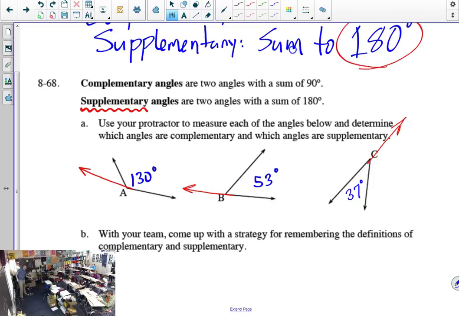Nathan, what can add with 130 to make 180? How big should this angle be? 50, yeah, 50 degrees. This one's a bit harder. Grant, what do we need to add to 53 to make it supplementary? Now, make your life easy. Do the subtraction.